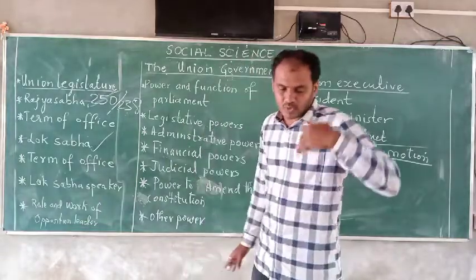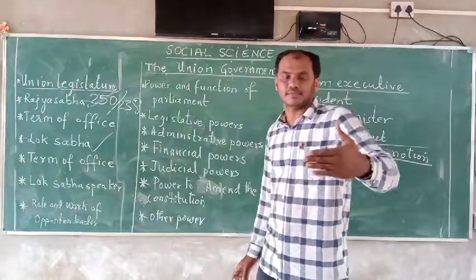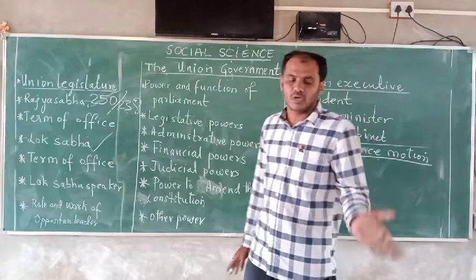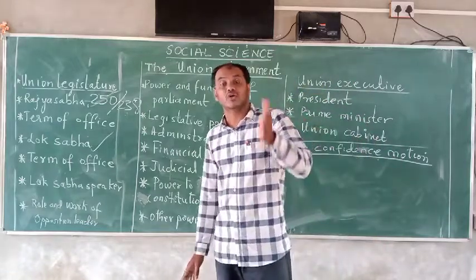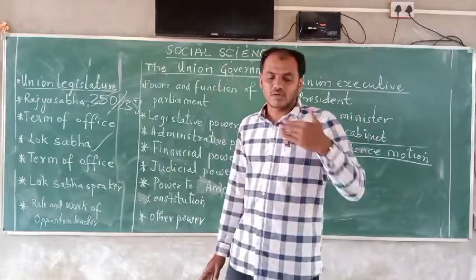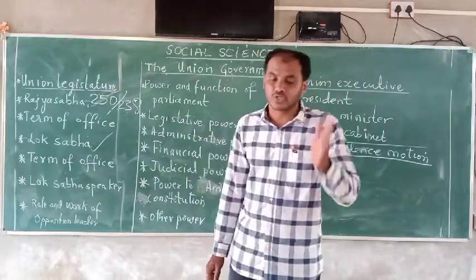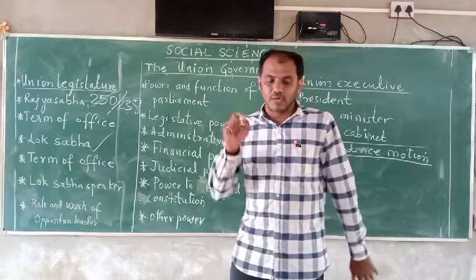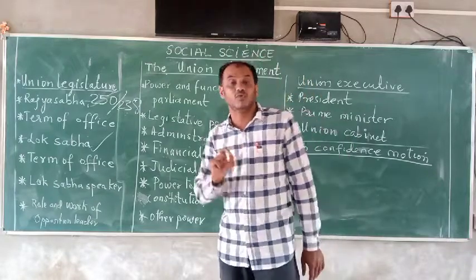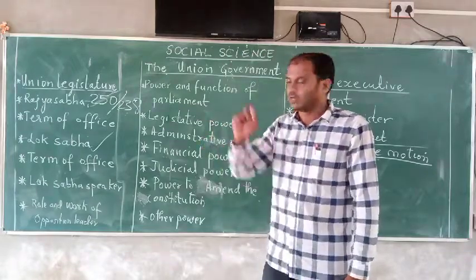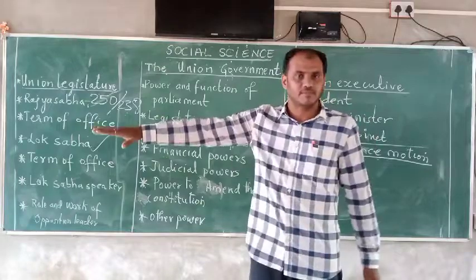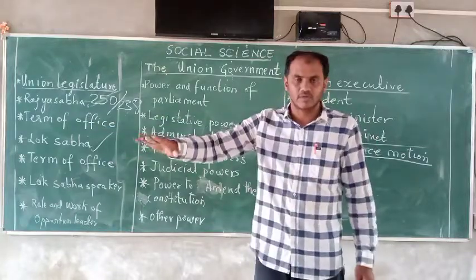Every 1/3 of its members retire on the completion of 6 years, that is, every second year. So Rajya Sabha is a permanent body and will not dissolve.